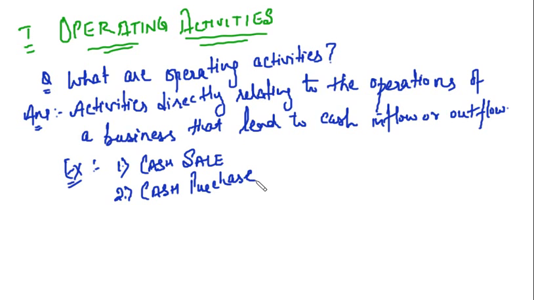Then, if you are purchasing this raw material for cash, this will lead to cash outflow. Money will flow out of your pocket. This is cash outflow. Isn't it? Clear? Cash sale, cash purchase.